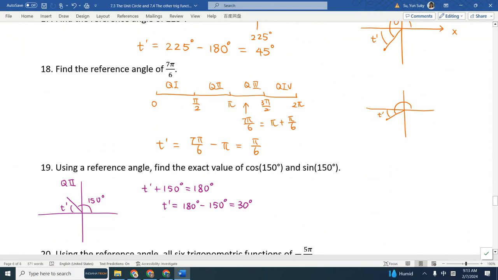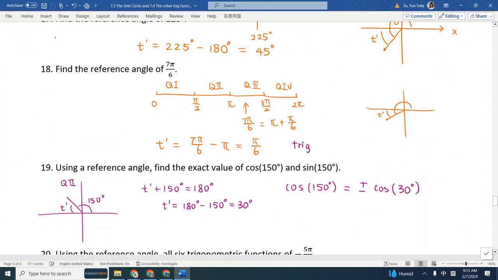Now, what is cosine 150 and sine 150? Okay, the rule is that cosine 150 is equal to plus or minus cosine of the reference angle. Okay, that's the rule.